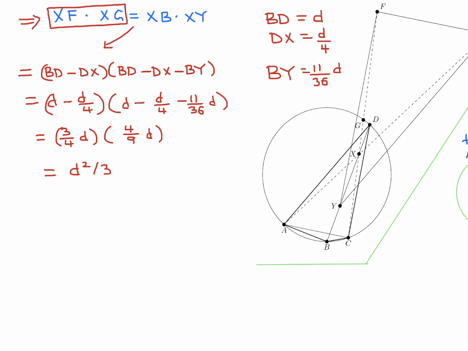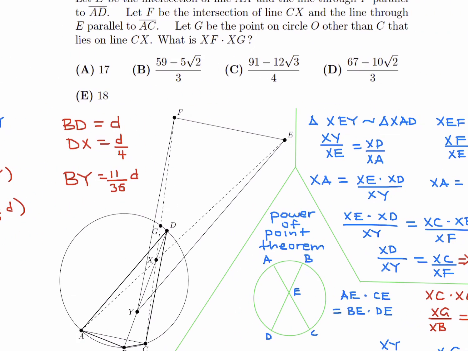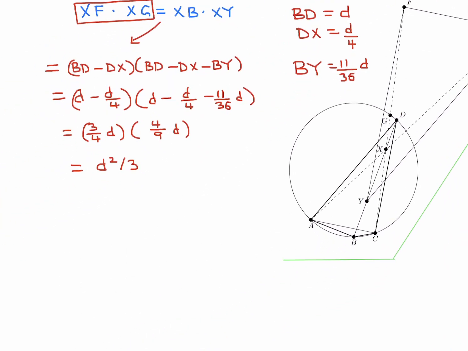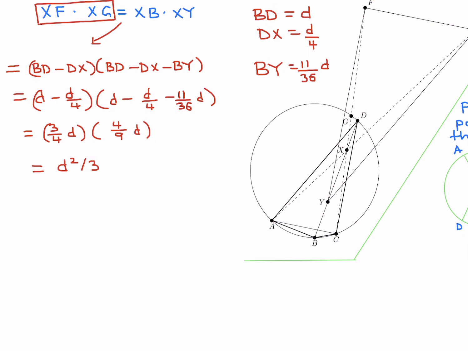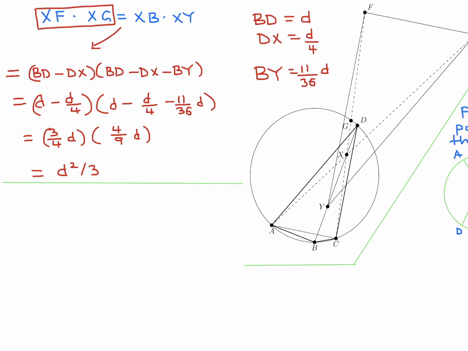So this is d squared over 3, but the answer choices are all in numbers. So I've got to figure out the value of d. The value of d I can figure out using the cosine law, but also another fact that they told you in the question, that this is a cyclic quadrilateral.